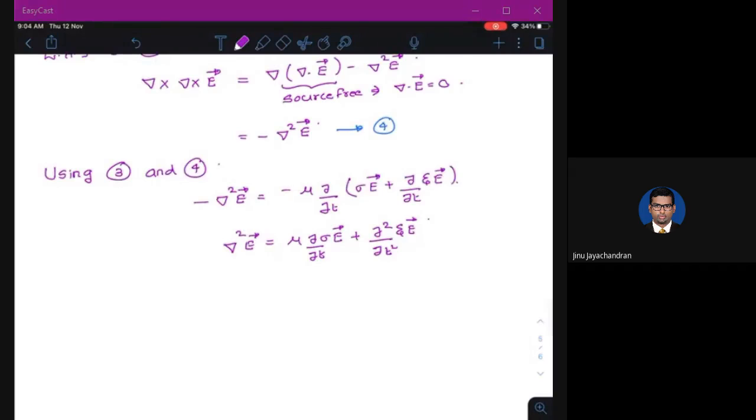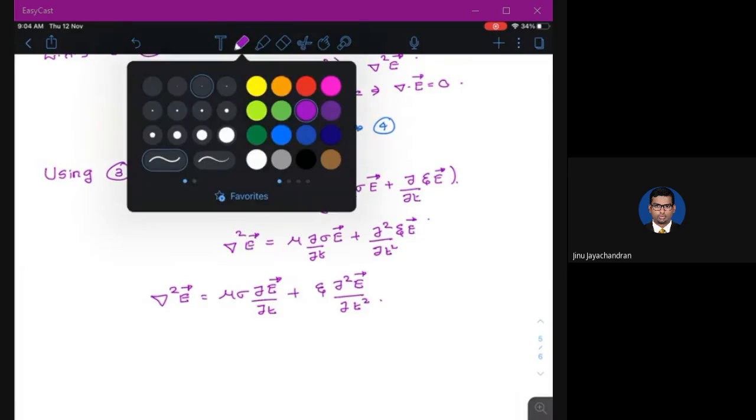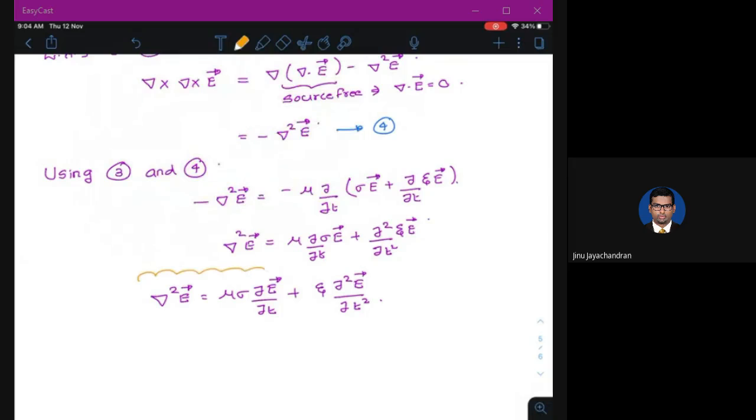So I can in general write del square E is equal to mu sigma dou E by dou T plus epsilon dou square E by dou T square. And this is actually a general form of wave equation in terms of the electric field.